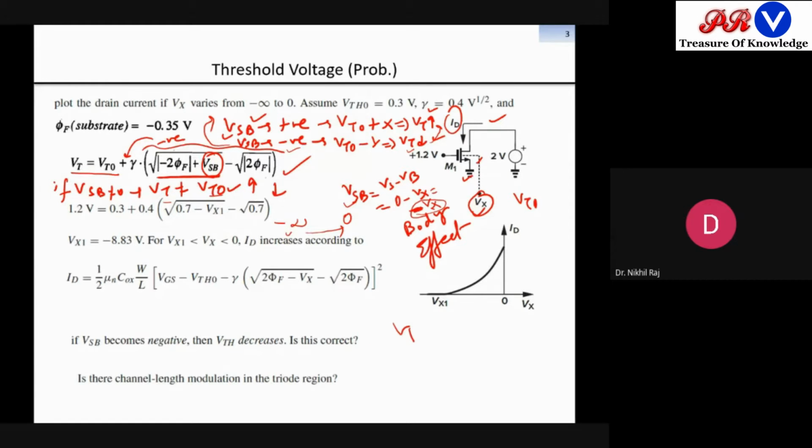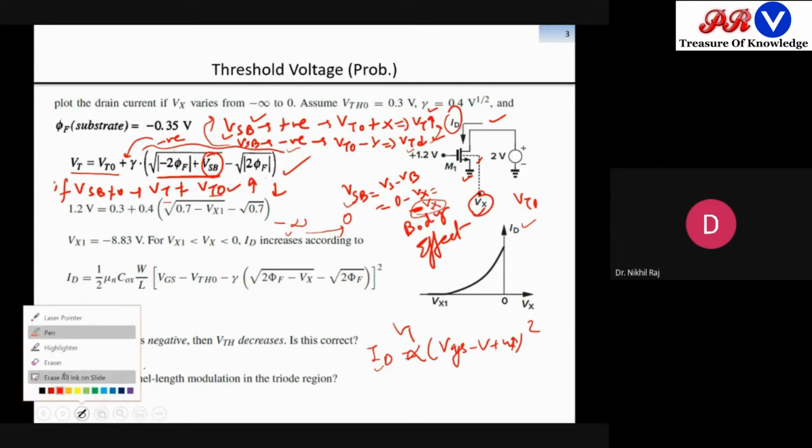And since we know the ID equation is proportional to (Vgs minus Vth) whole square if it is in saturation, when my Vth is low, my ID will be high, and when my Vth is increasing, slowly my ID will decrease. Based on all this analysis, we plot the ID versus Vx characteristic.